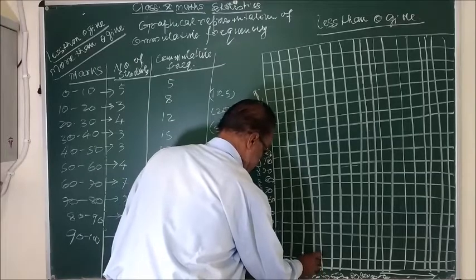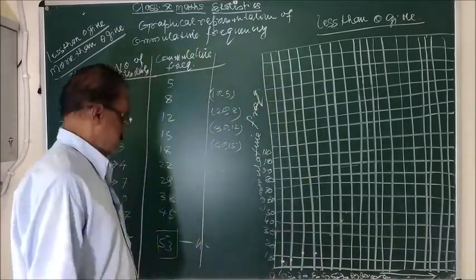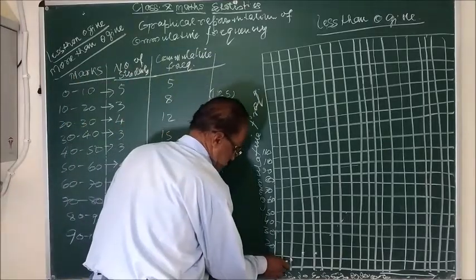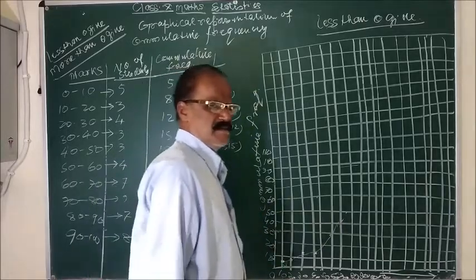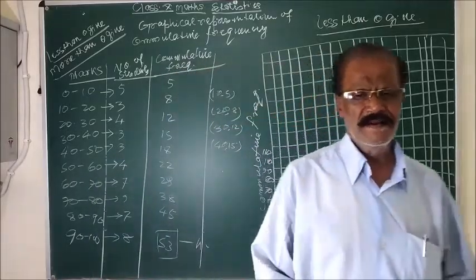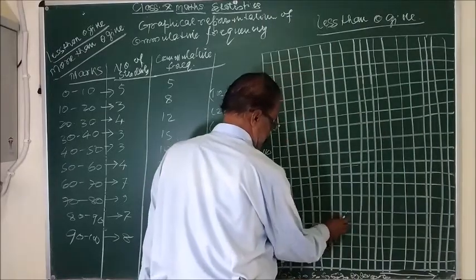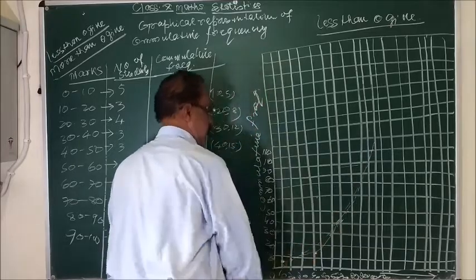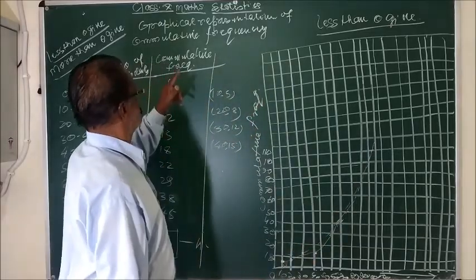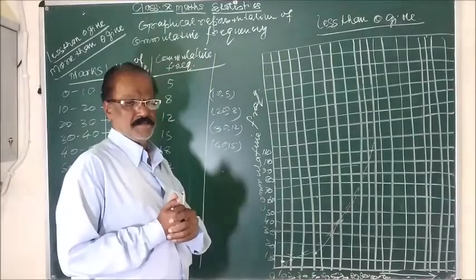If you continue plotting all the points and if you join these points with a smooth free hand, you will get a curve. And this is the curve obtained, and this curve is called cumulative frequency curve, and this is known as less than ogive.